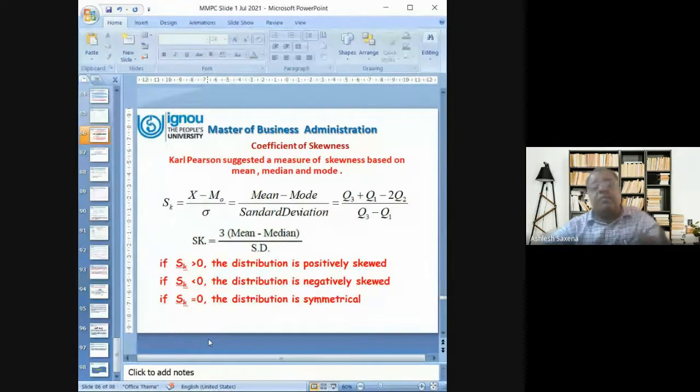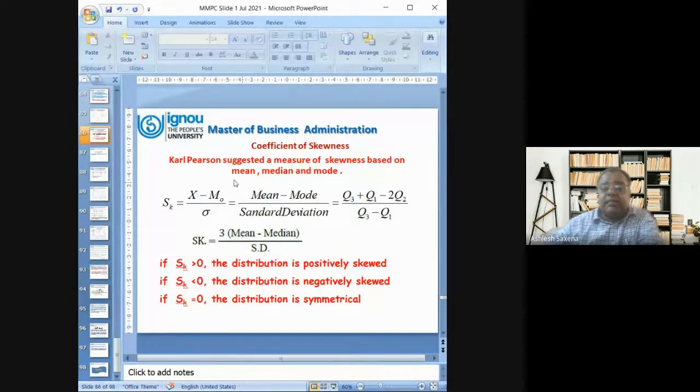When we are talking about mean and mode, in place of calculating mode, we can calculate median and we can use that formula. That is 3 times mean minus median upon sigma. If Sk is greater than 0, it is positively skewed. If it is less than 0, it is negatively skewed. And if Sk is equal to 0, the distribution is symmetric. These formulas will be used.